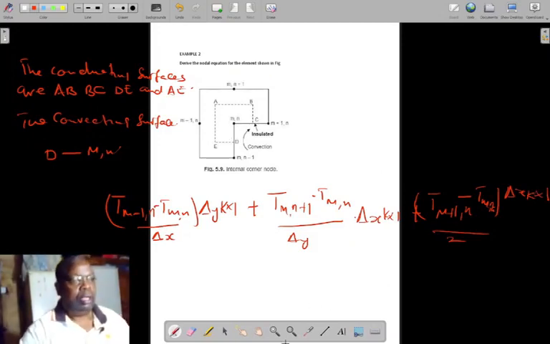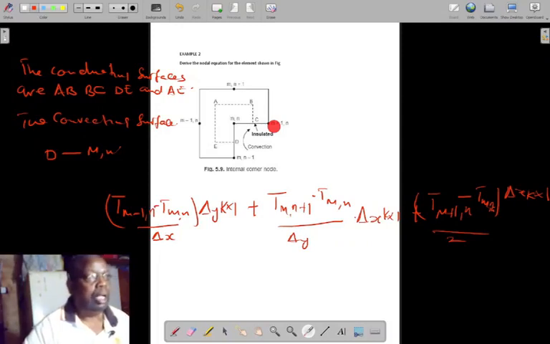So for this one we have the interaction between that and that. And as you can see, half has gone this way, so we'll have half going this way. And looking at that face there, the equation will be as we have here.